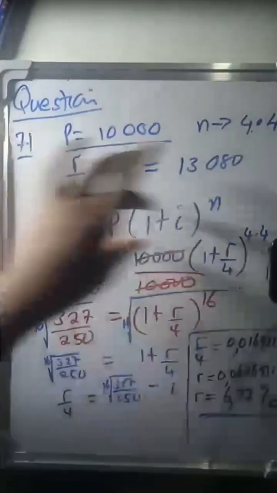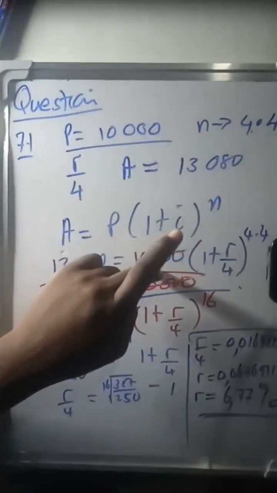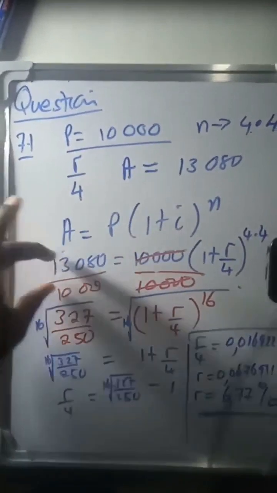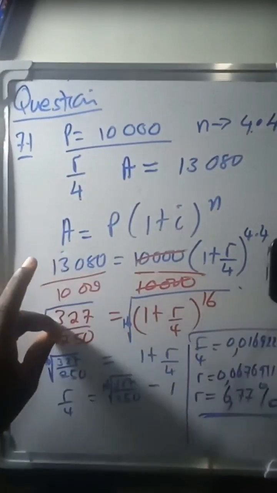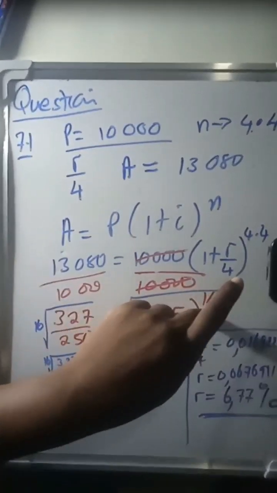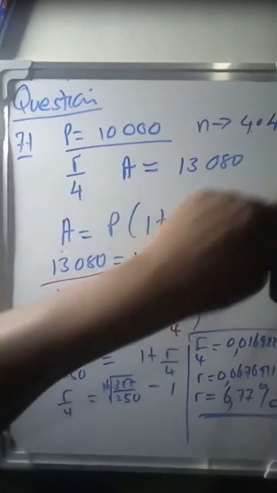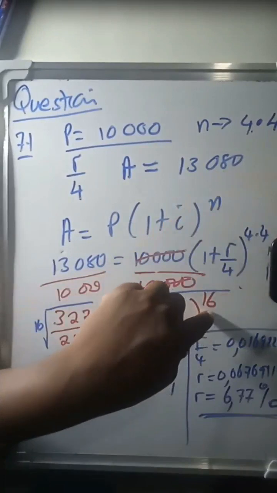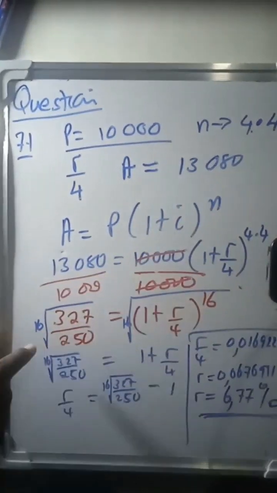Okay, so what did we do here? To remove 10,000, we divide both sides by 10,000. Then you simplify this so that it becomes a fraction. Then here we have to the power of 16: we divide by 4 and multiply by 4 because of quarterly. To remove the 16, we introduce the 16th root.